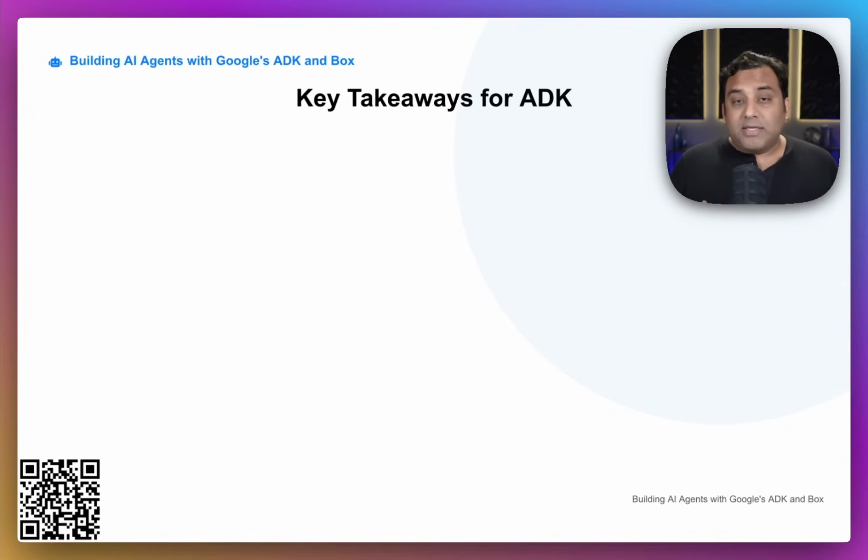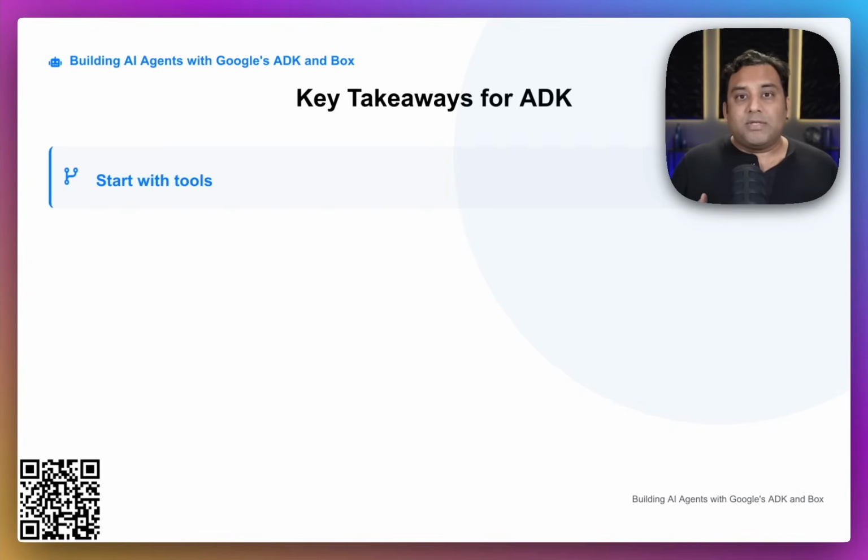Now let's summarize the key takeaways for that development process. First, you start with tools. These are your foundational building blocks. As Andrew demonstrated earlier, you create focused, single-purpose functions that wrap external APIs like connecting to Box, reading a file, or calling Box AI.